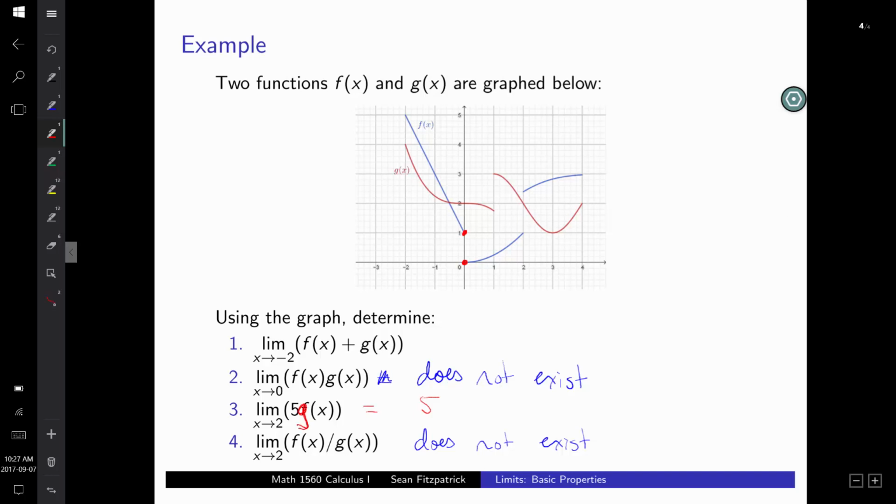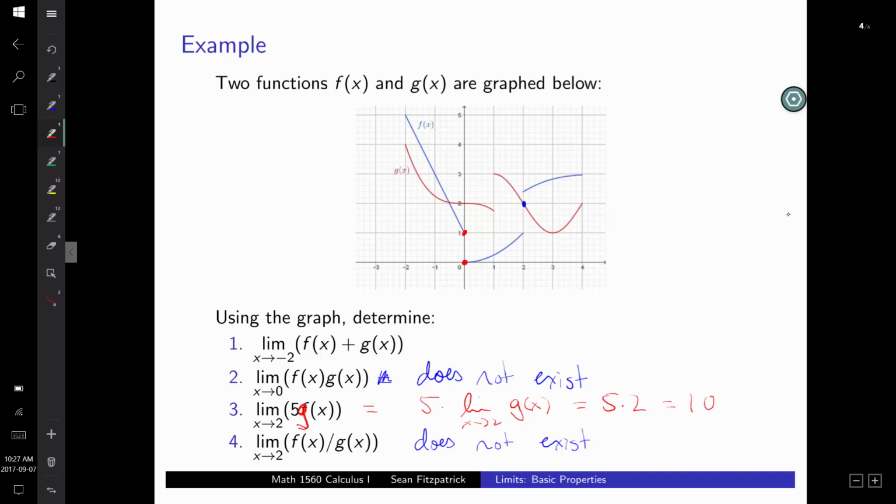Let's make that g of x. Okay, then I can write that as 5 times the limit as x goes to 2 of g of x. And from the graph, it looks like g of x is getting pretty close to 2 as x approaches 2. So I can say, well, that's 5 times 2, and I get a value of 10 for the limit.